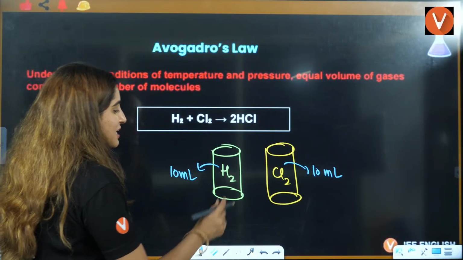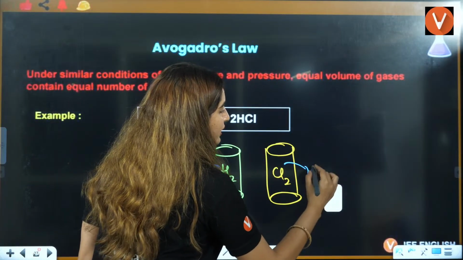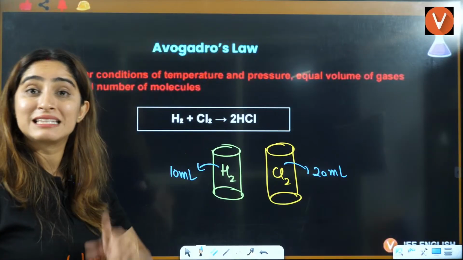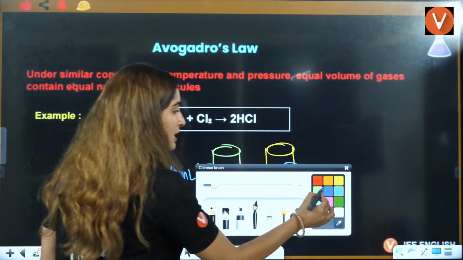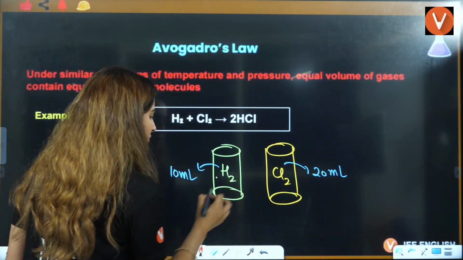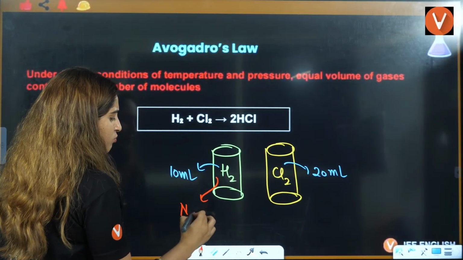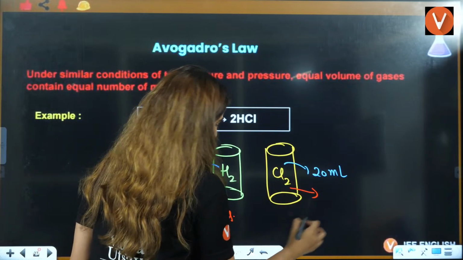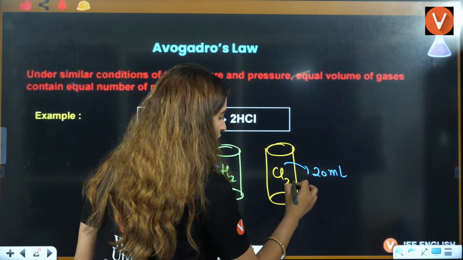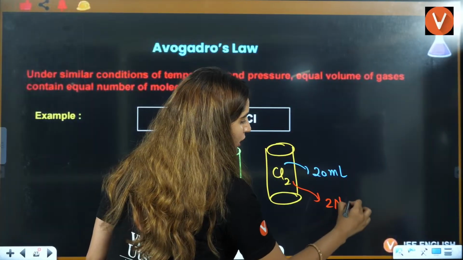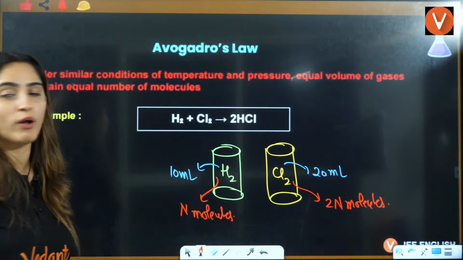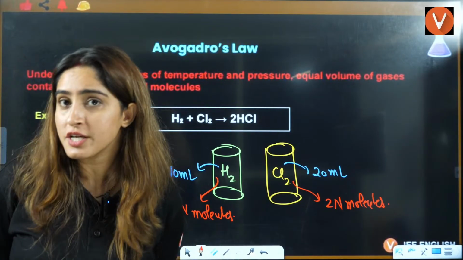Right? If I say that this is 10 milliliter and this is 20 milliliter, volume is doubled. That means if here you have, let's say, n number of molecules, this will have 2n molecules. Understood, everybody?